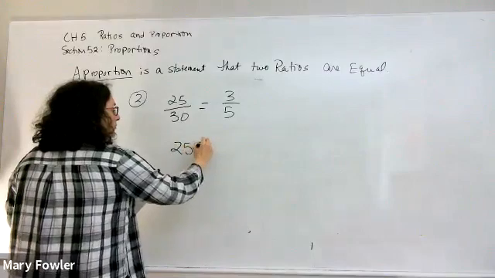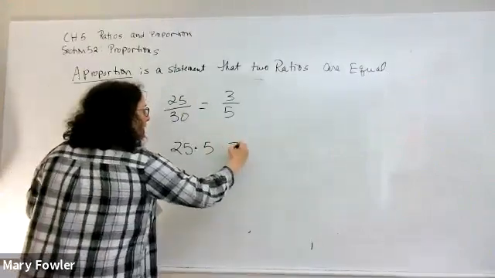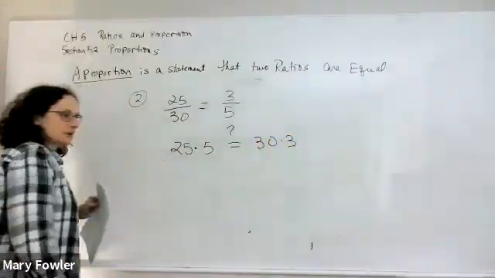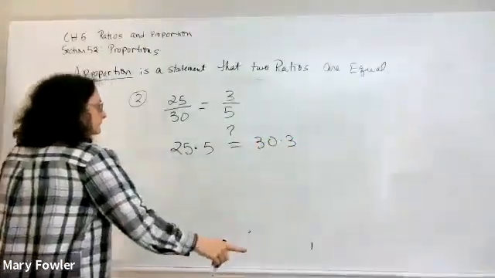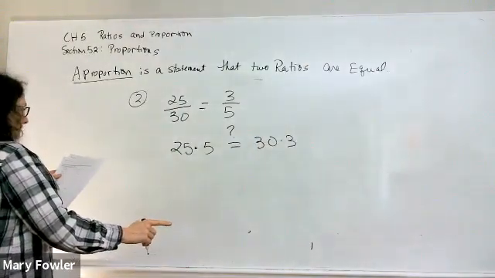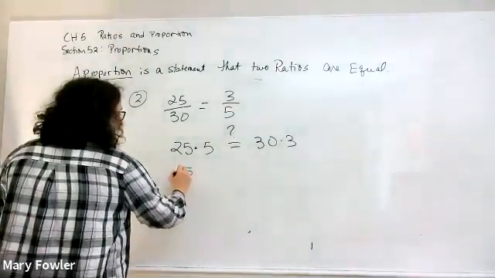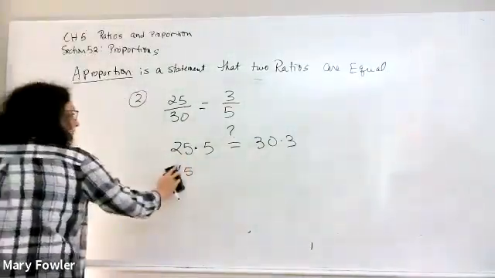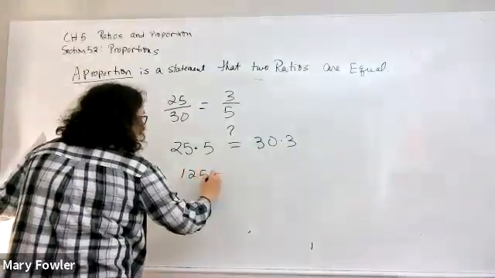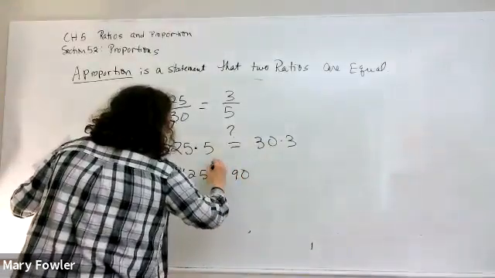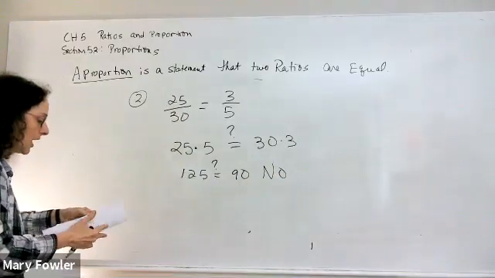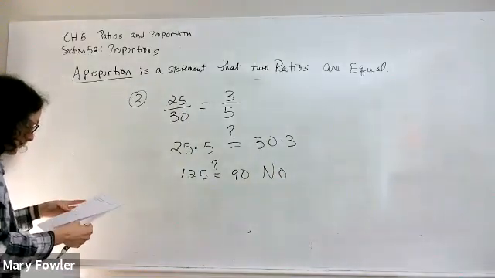And we want to know if 25 times 5 equals 30 times 3. On the left-hand side, I get 125. And on the right-hand side, we get 90. And so the answer is no. Those two ratios are not a proportion. They are not in proportion.